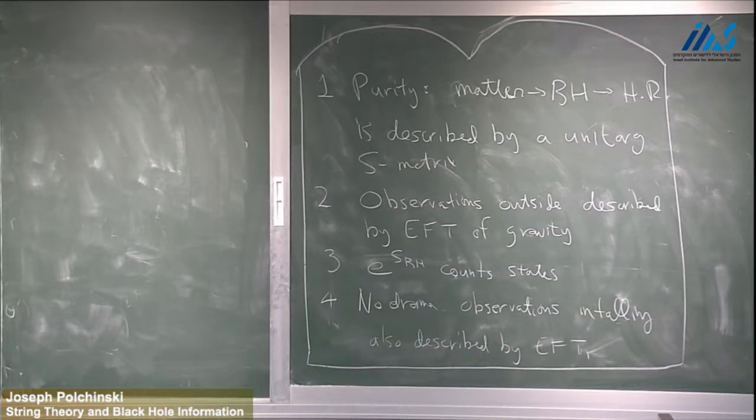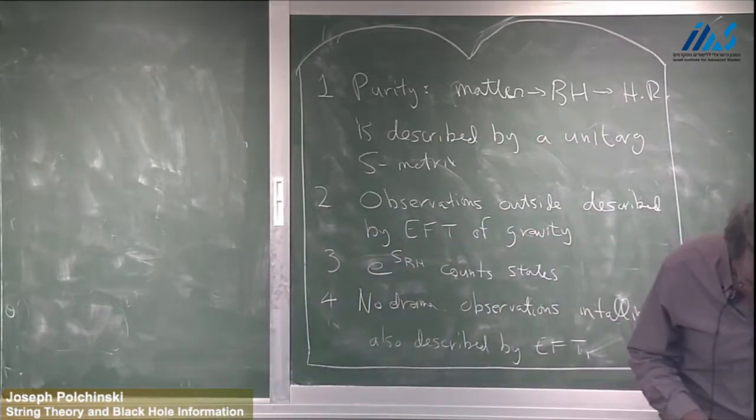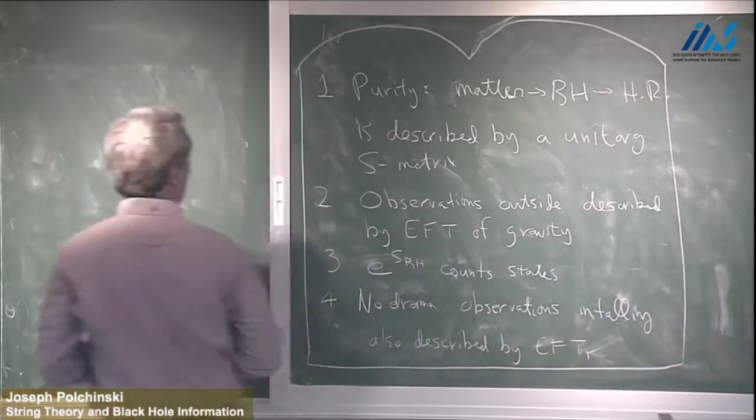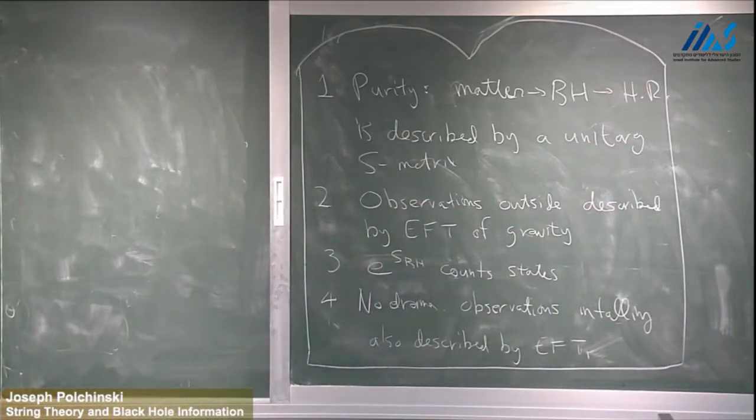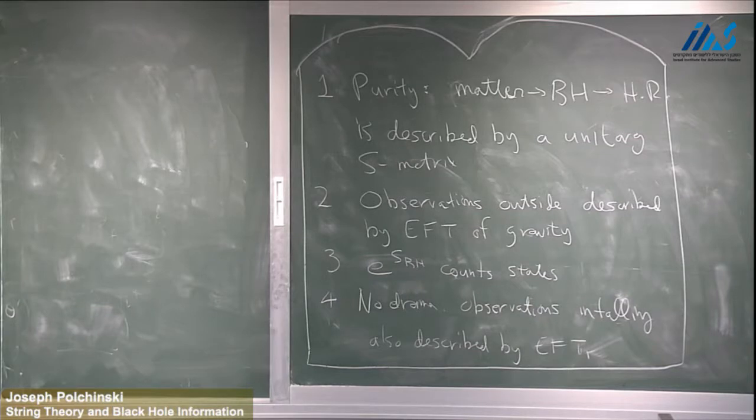Assumption 2, as I've already said, uses effective field theory at an order 1 level, and I'll talk next time about what a model would look like that didn't satisfy that. Assumption 3 we don't really use; it more or less follows from assumption 1, because of 1 the curve has to come down.